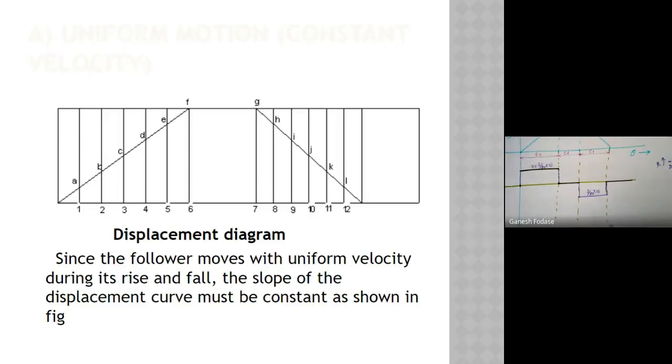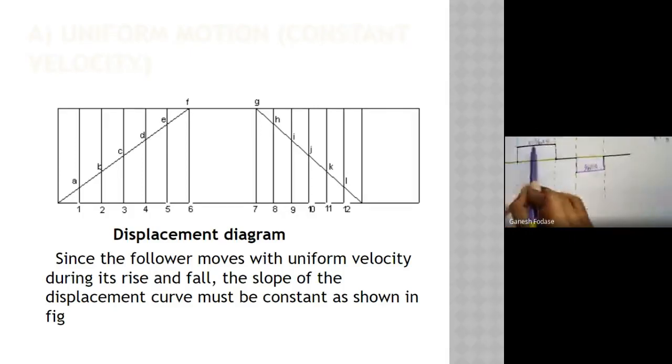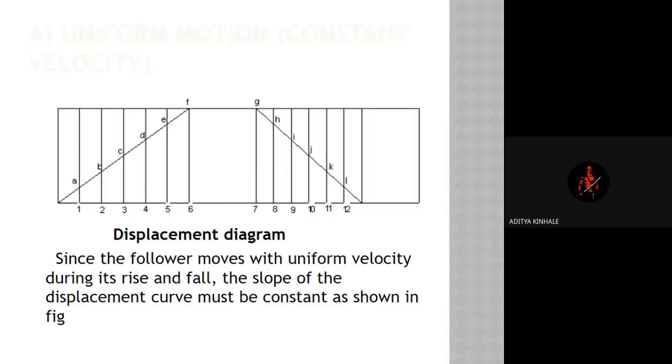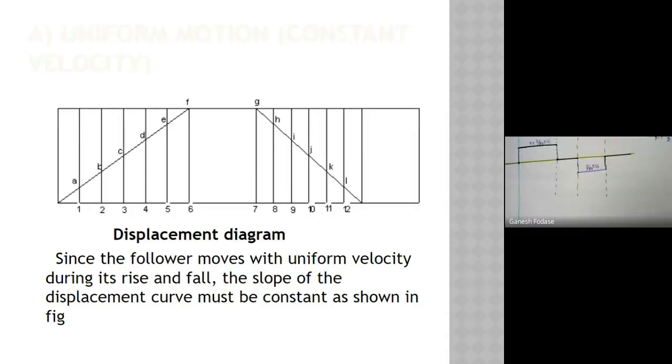Now anyone tell me how the acceleration graph is with reference to velocity? We know the equation for acceleration. As the velocity is constant, acceleration must be 0. Yes. So we'll draw that. So this is your velocity curve with respect to theta.